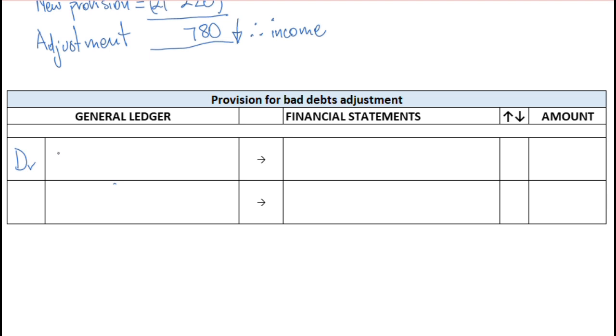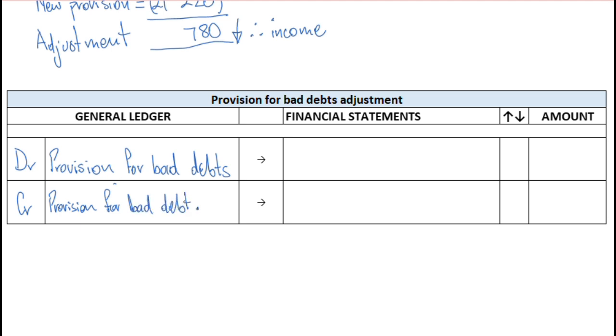So we will debit the provision for bad debts account to show that it has decreased in size. The decrease in the negative asset called provision for bad debts gives rise to an income account called provision for bad debts adjustment. Income accounts increase on the credit side, so we will credit this account as well.